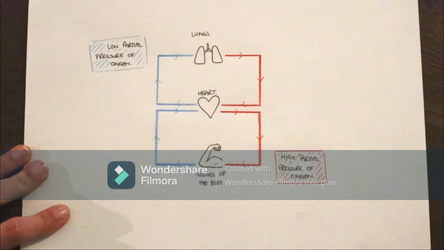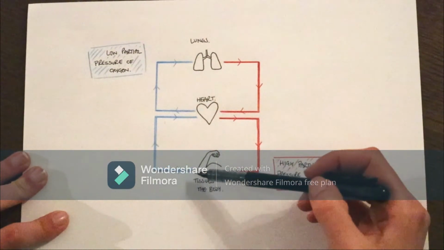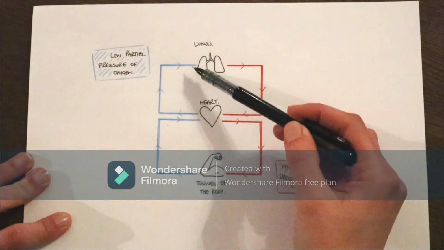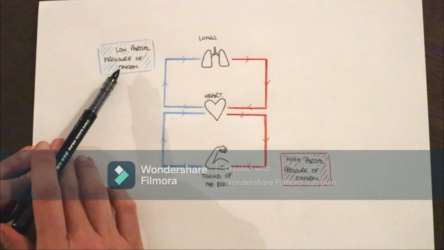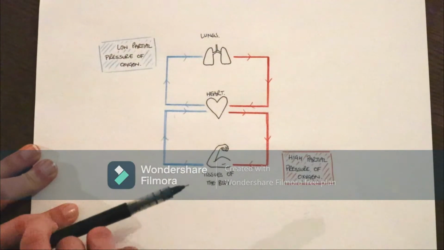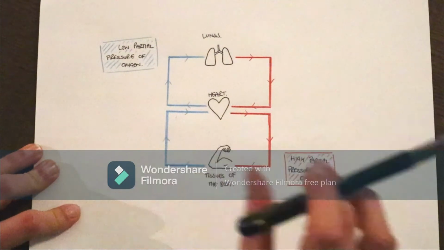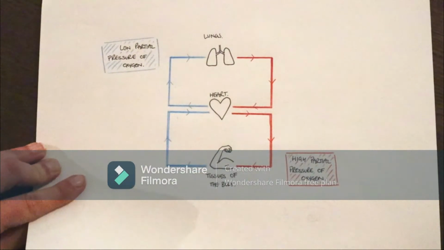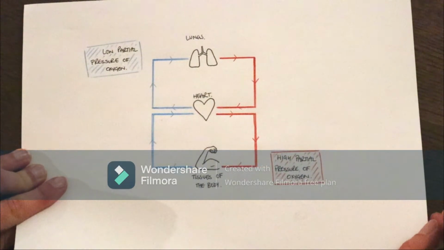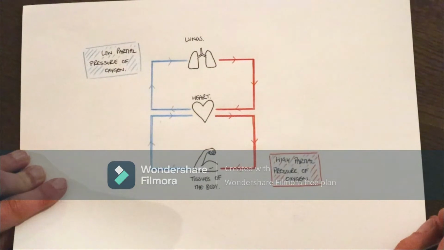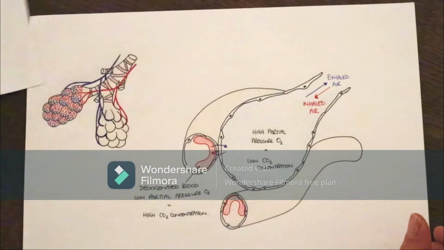So as blood returns to the heart and then to the lungs, the partial pressure of oxygen will be low, and this is due to the hungry respiring tissues having used it up. This makes it easier for oxygen molecules to diffuse from the alveoli, where the partial pressure of oxygen is higher due to ventilation, into the blood to be picked up by the haemoglobin. And we can see this here.